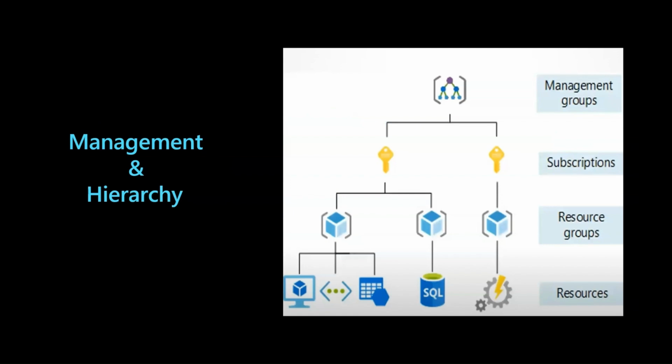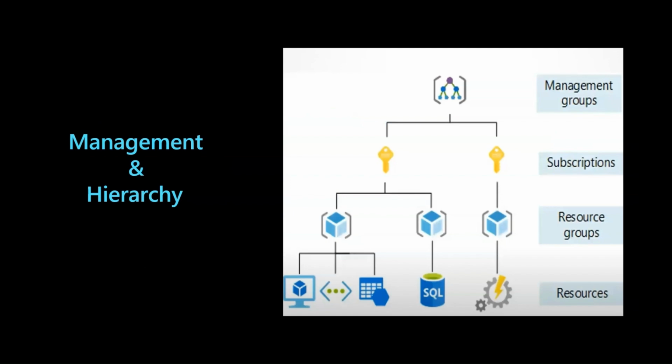Coming to subscriptions, all the resource groups are created inside the subscription. Users can have access to the subscriptions, and based on the type of access, they can manage or create the resources. Now, each subscription has limits, quotas, on the amount of resources that it can create or use, though as per your need, the quota can also be increased.